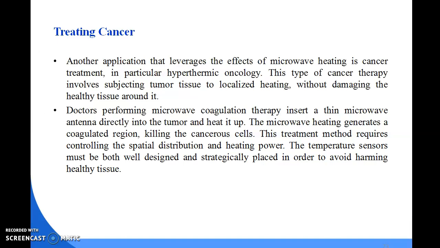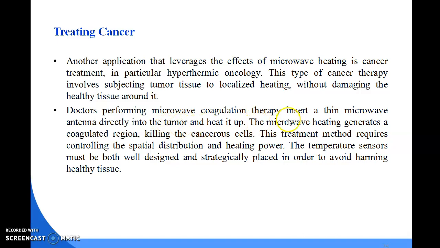And treating cancer is another application of microwave heating. In hyperthermia and oncology, this type of cancer therapy subjects tumor tissues to localized heating without damaging the healthy tissue around it. Doctors performing microwave coagulation therapy insert a thin microwave antenna directly into a tumor and heat it up.